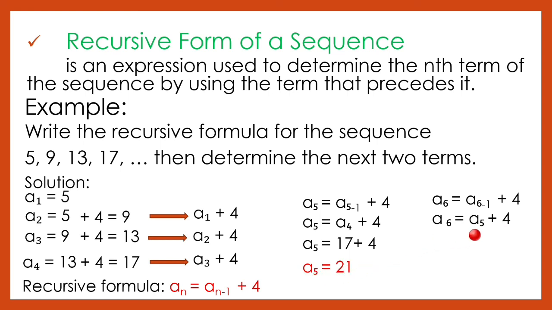Substitute 21 to a sub 5. We have a sub 6 equals 21 plus 4. 21 plus 4 is 25. Therefore, the next two terms of the sequence 5, 9, 13, 17, and so on are 21 and 25.